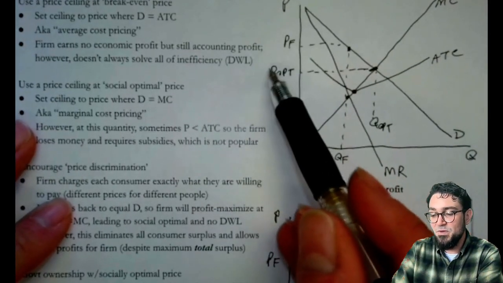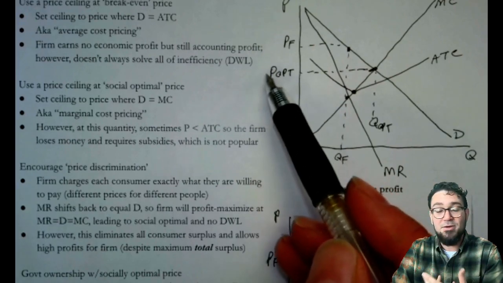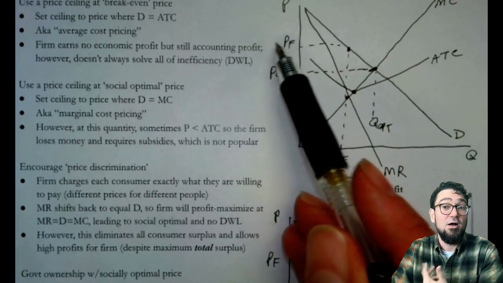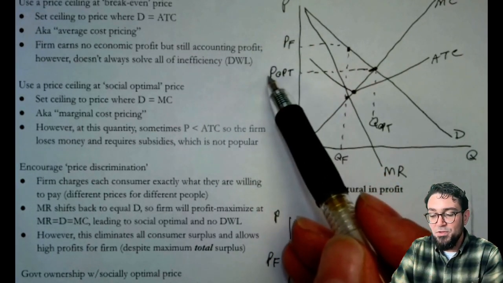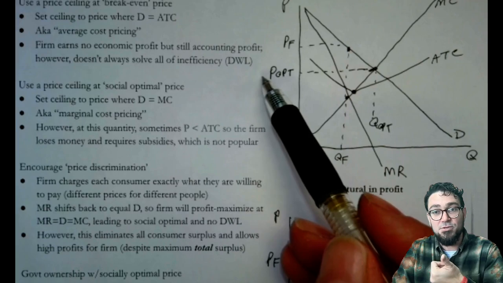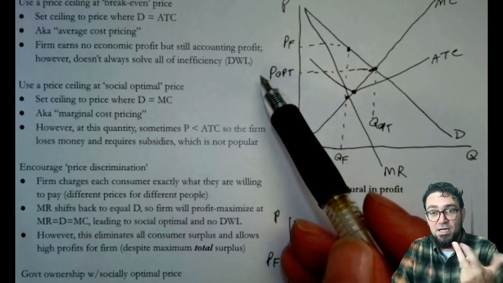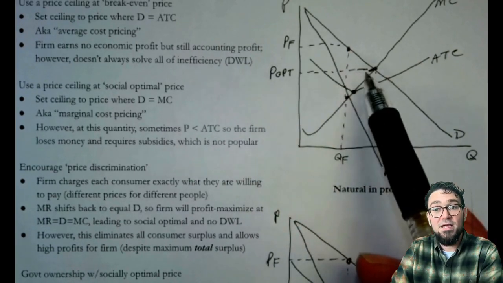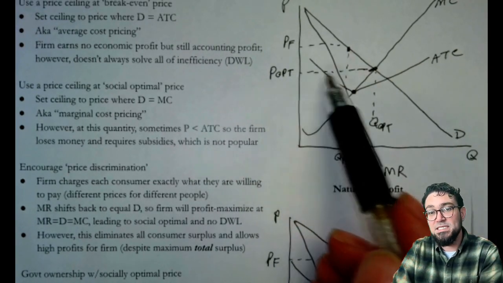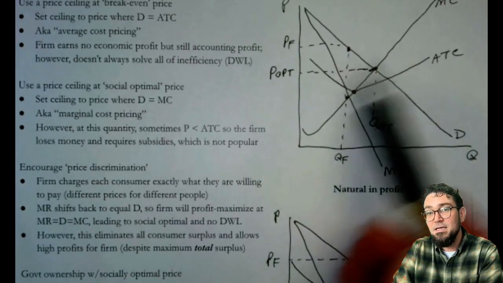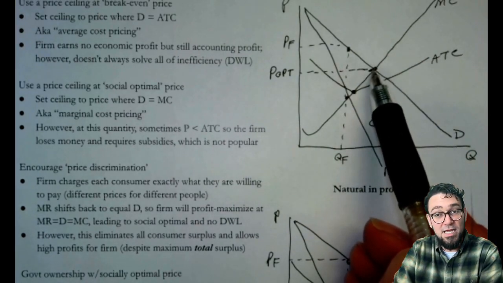For example, if I only allowed them to charge $5 instead of $12, which was their P sub F, then the first unit they sell, they would get $5. That would be their marginal revenue. The second would be $5, the third would be $5, and so forth. And so their new profit maximizing point, because MR would be a horizontal line, would occur where MR equals MC, right there.